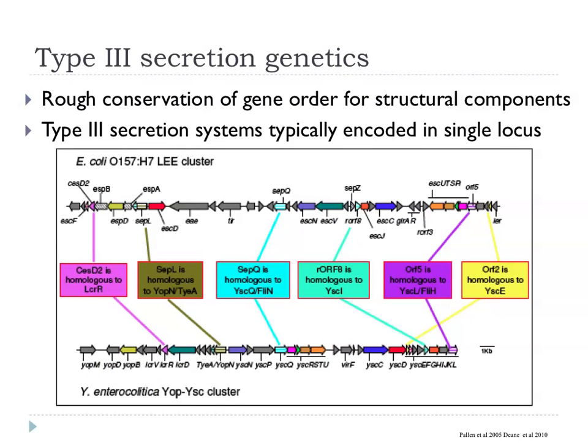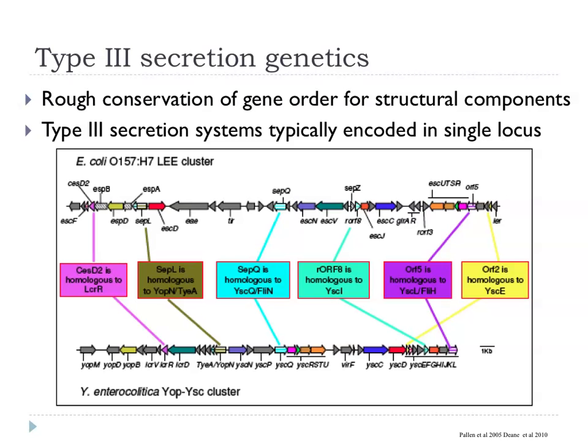When we look at the genetics of these type 3 secretion systems, we generally find the genes in the same kind of order, clustered together in each individual secretion gene cluster. This is my favourite system, the LEE, the Locus for Enterocyte Effacement cluster here.